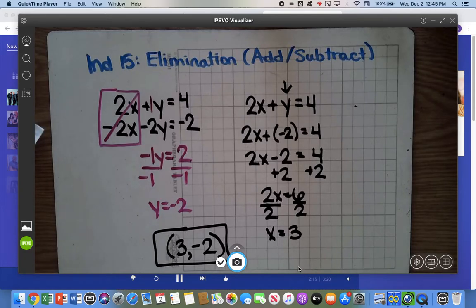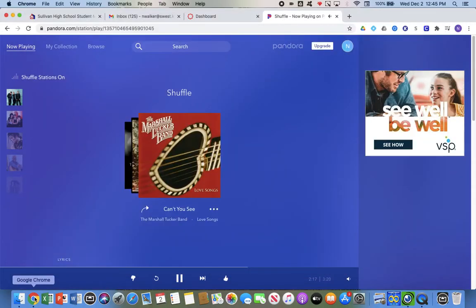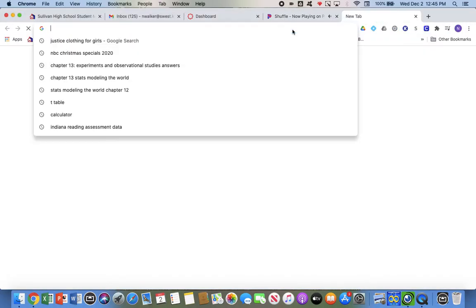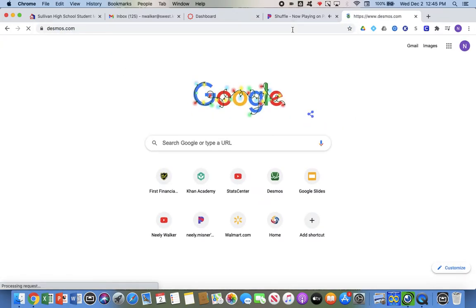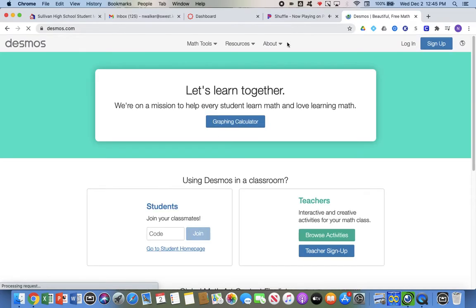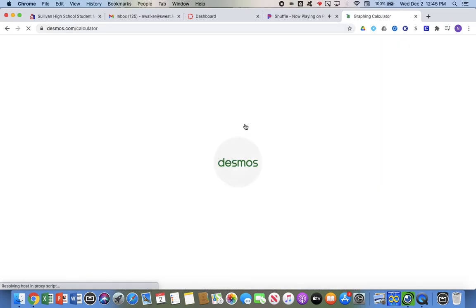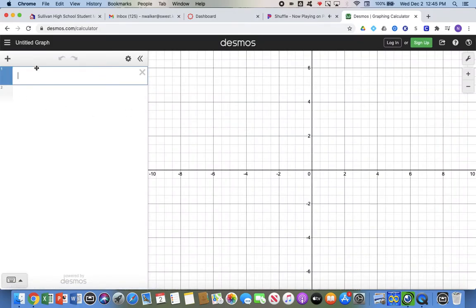And now I do want to show you guys, if you wanted to open up and check your work, you simply type in the original equations into Desmos. You open up that graphing calculator, and in your equations, my first equation is 2x plus y equals 4.